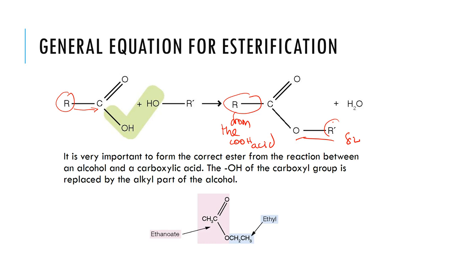Okay, so we've got this alcohol group here is what has gone in to form this single bond to the oxygen. It's important to know this because we need to know how to name it.